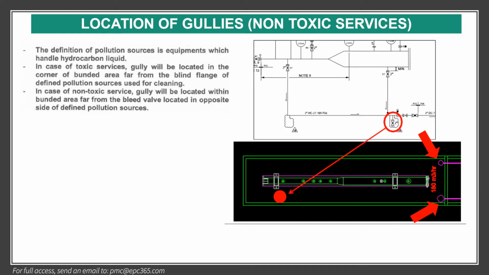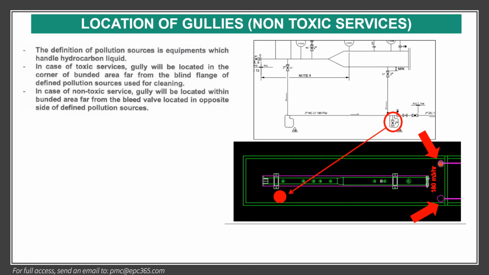And also one point about the location of the gullies. For example, for non-toxic services, the gully will be located within the bounded area, far from the bleed valve, located on the opposite side of the defined pollution sources.